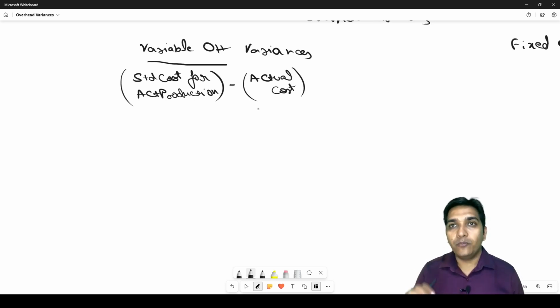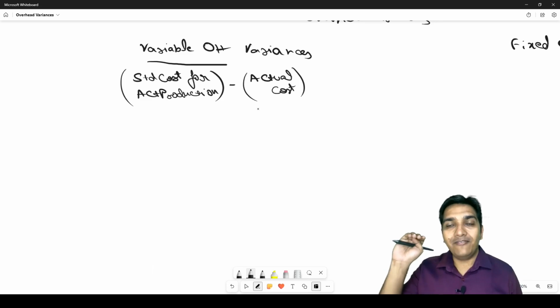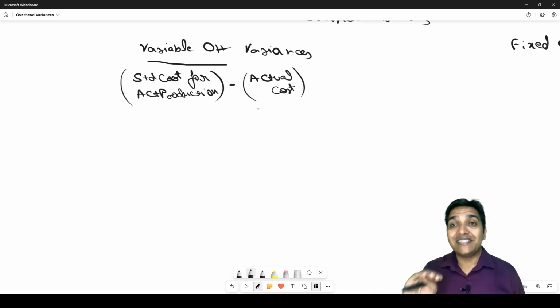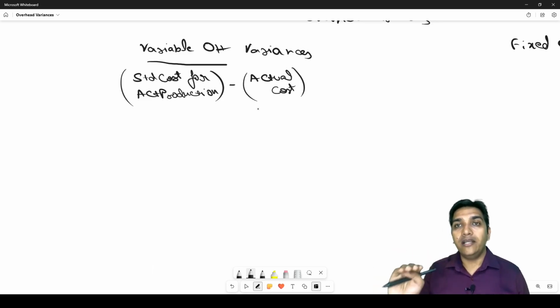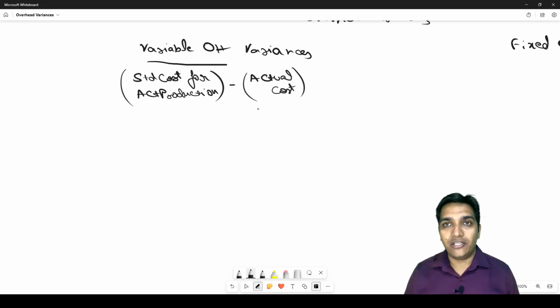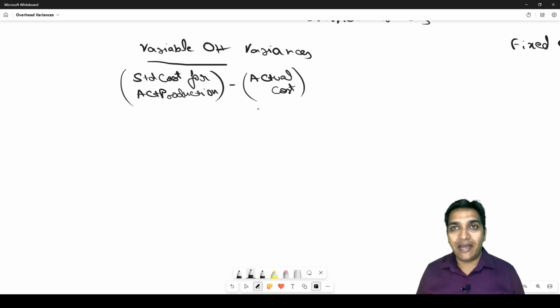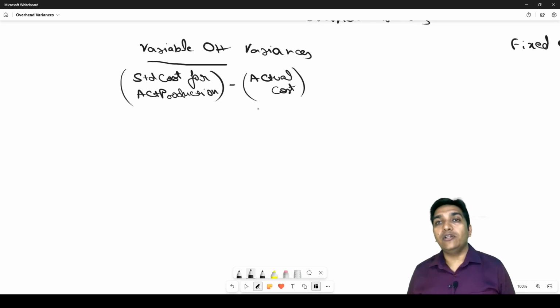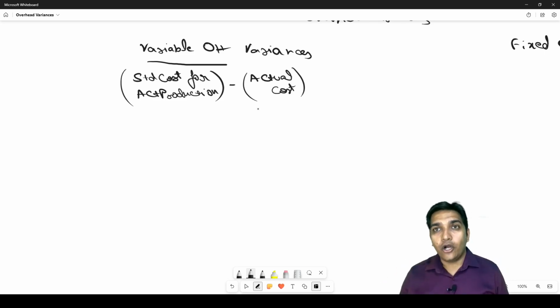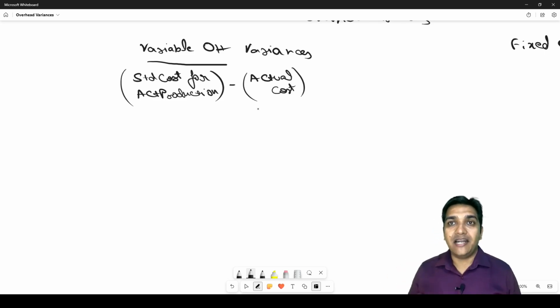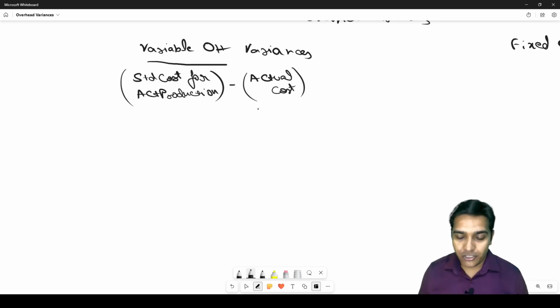My actual output will be the output which I have actually manufactured. So the standard should be based on the quantity which I have actually manufactured. That is why we refer to the formula as standard cost for actual production.